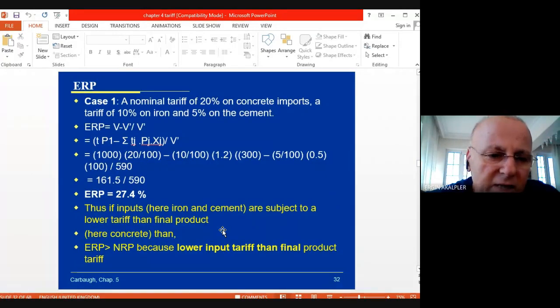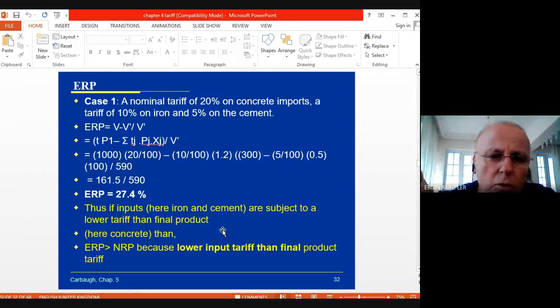The effective rate of protection, given by V minus V dash divided by V dash, is estimated as 1000 times 20 over 100, minus the summation of 10 over 100 multiplied by 1.2 multiplied by 300, minus 5 over 100, because the 5% on cement is applied, multiplied by 0.5 and 100, divided by 590. This gives us 161.5 divided by 590.